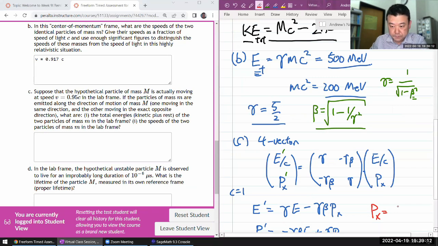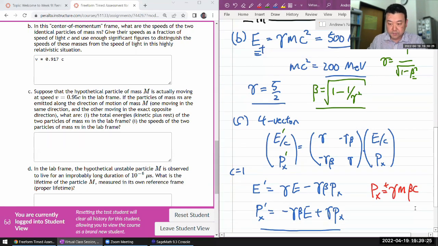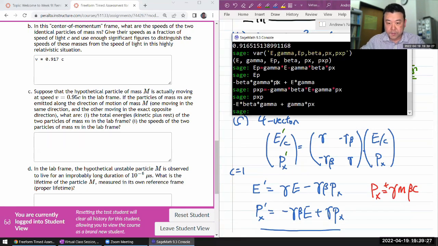So the important part is plus gamma m beta c, and I'm going to be using that number that I calculated above for beta.